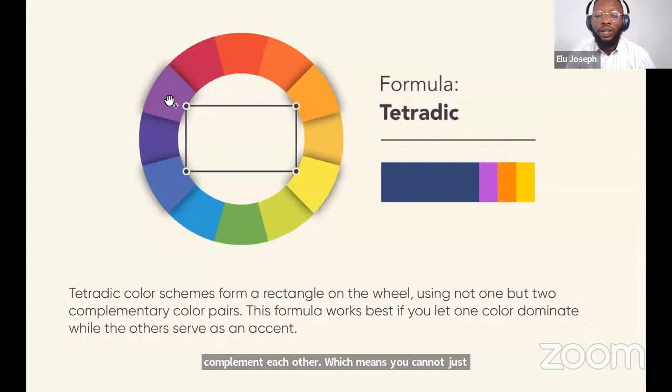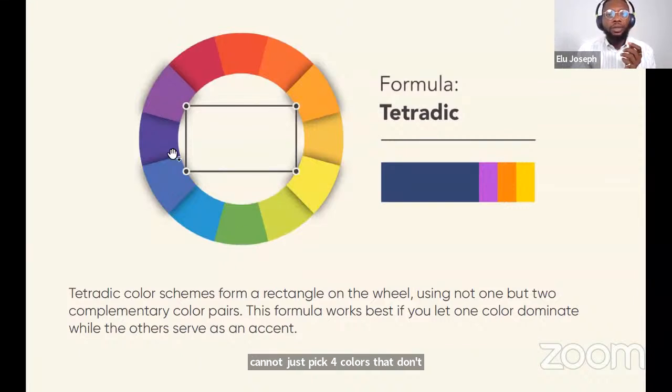That doesn't work. You cannot just force the rectangle, or you cannot just pick four colors that don't. Do you get? So it has to be in that it's bound. That rectangle is what helps you to decide what goes and what doesn't. Okay.